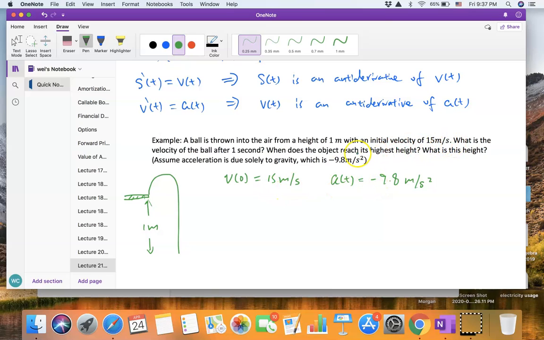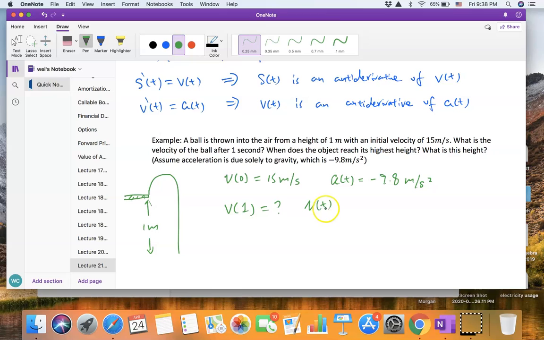Okay, and we want to find the velocity of this ball after 1 second. So in order to find this, we need to know what is the velocity function.